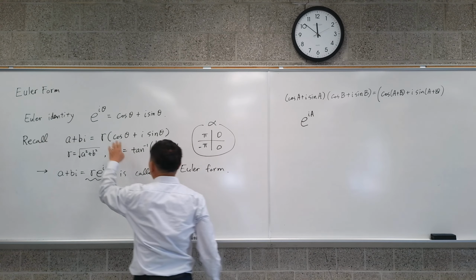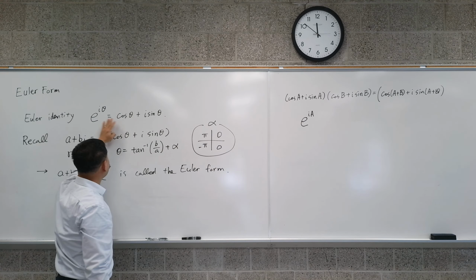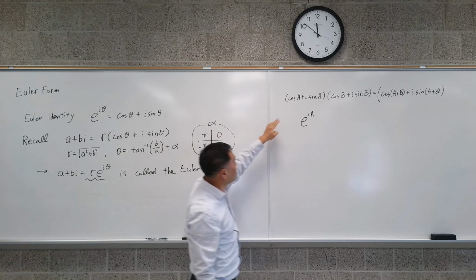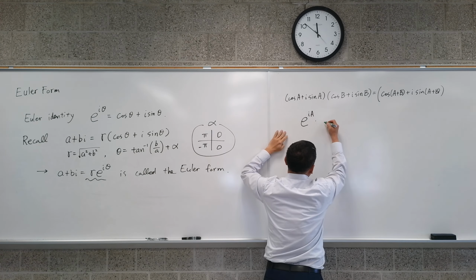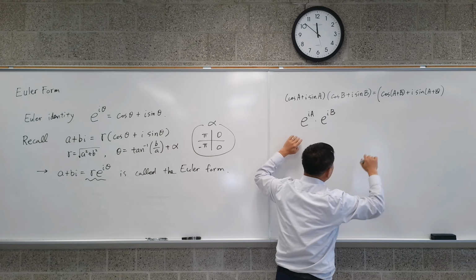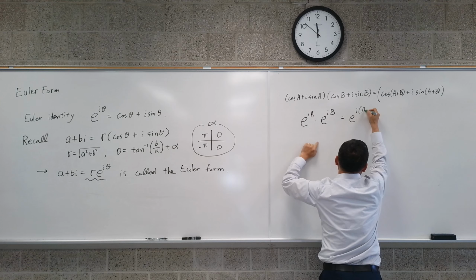That's the identity. Instead of cosine theta plus i sine theta, I can simply write e to the i theta. Right? So all I have to do was replace this by e to the iA and multiply that by e to the iB for the same reasons. And what about this one? e to the i(A plus B).